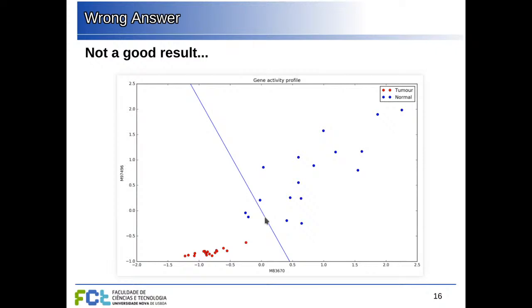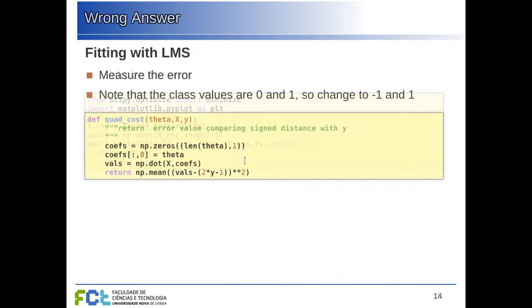We are trying to make it so that those on the positive side, so in this case the positive side will be this one because tumor is class 1, will be as close as possible to 1, and those on the negative side as close as possible to -1. But the thing is that as we go further and further from the discriminant here, the value of y will change.